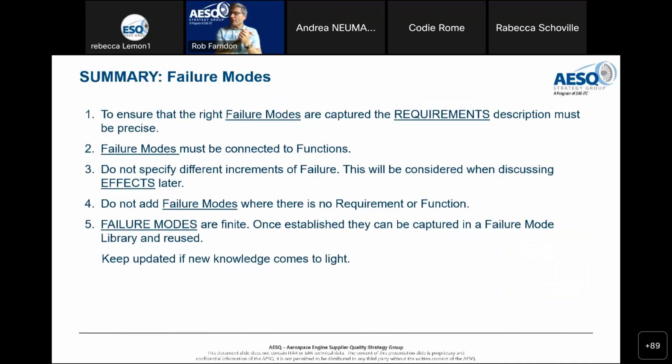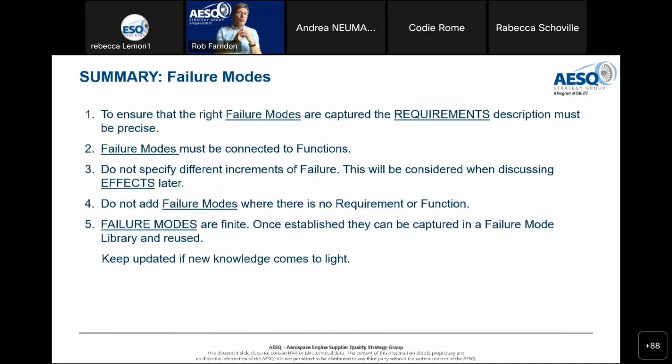So when we're thinking about failure modes, you need to ensure that the right failure modes are captured. The requirements description must be precise. Putting a good requirement down will enable us to think about some very sensible failure modes that go alongside the requirement.